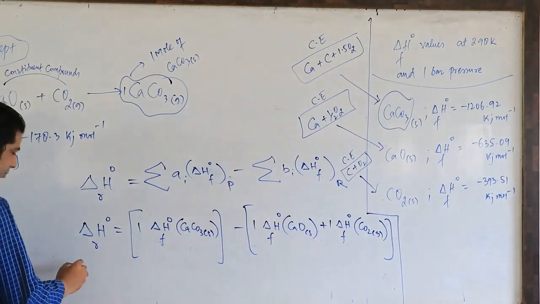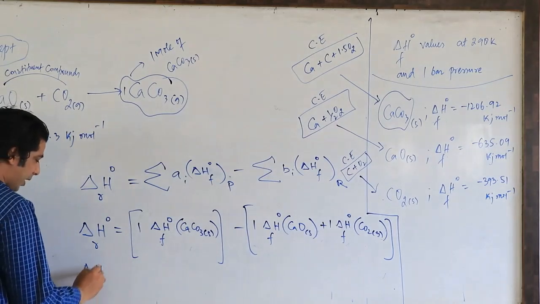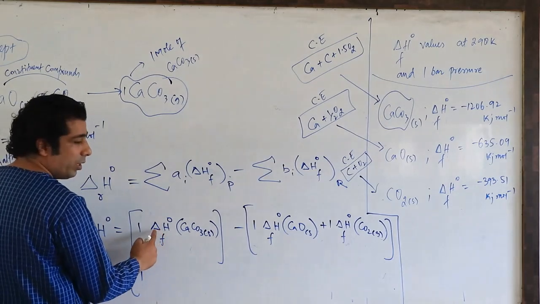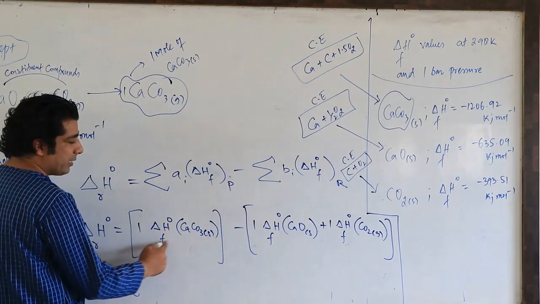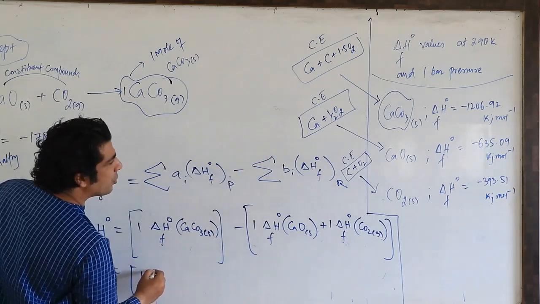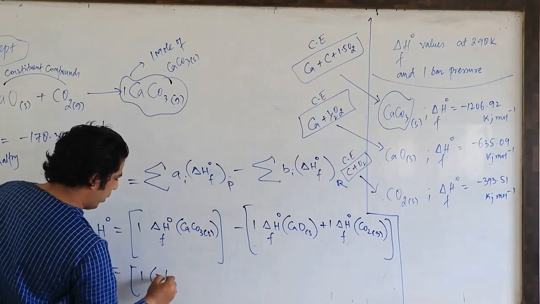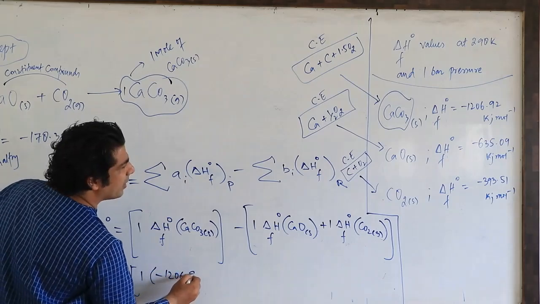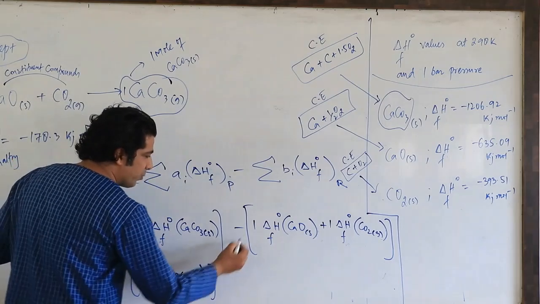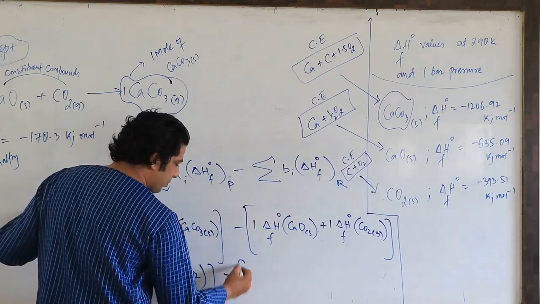Have a look. So I'll get here delta H R naught. And here we have 1 mole delta H naught F. What is that for calcium carbonate? If you see, my dear friends, that is minus 1206.92. Correct? Cool. After that we have minus.